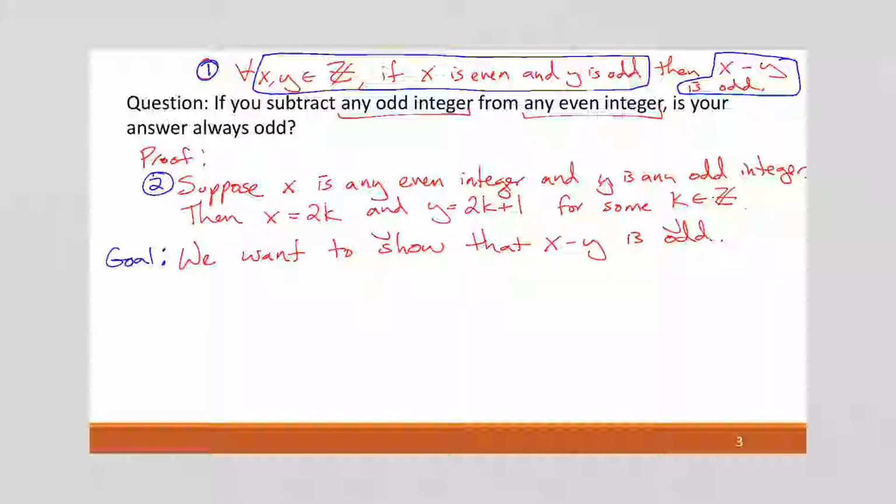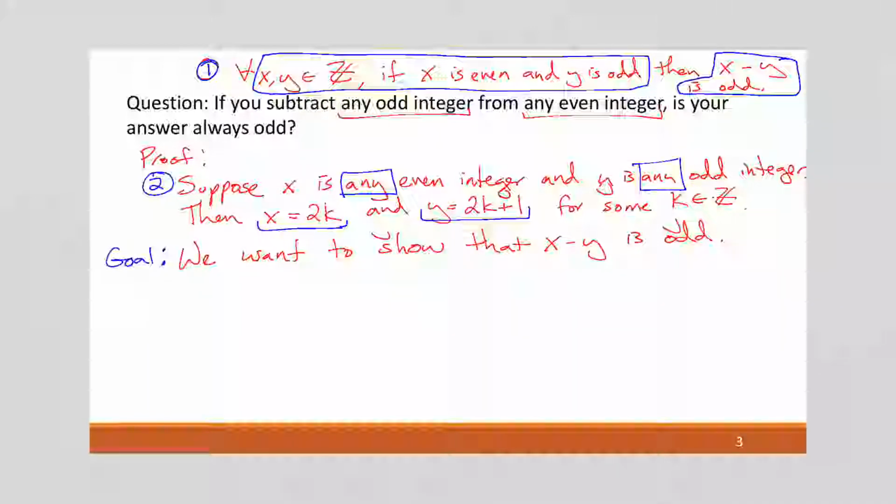I am using the same variable k in both of these definitions. And what that means is I am unintentionally restricting x and y. Instead of letting x be any even integer, and y be any odd integer, I am restricting y to be exactly one more than x.